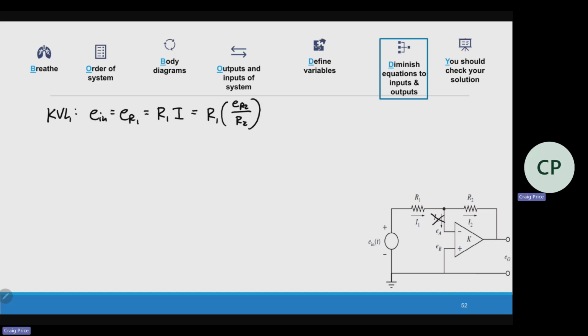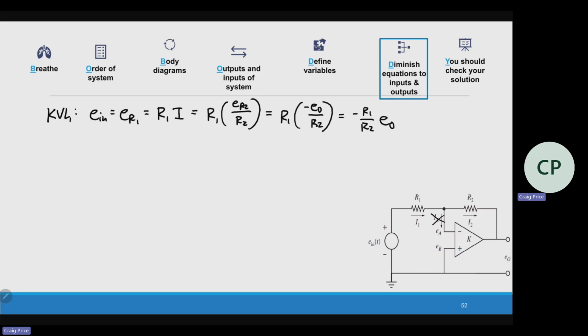This is equal to 0. And then we have our relationship from KVL2, where this is equal to negative E out over R2. So we can rewrite this as negative R1 over R2 times E out.